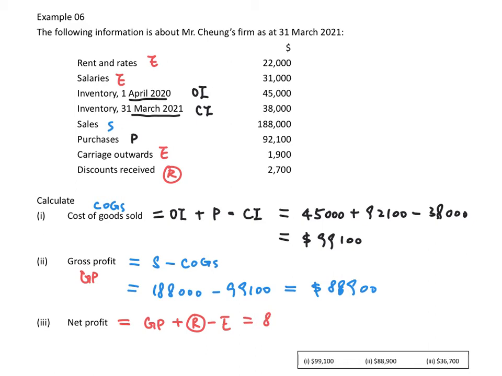GP, we got it, 88,900, and then we add the revenue and then minus the expenses. If you have the calculator, you can get the final amount. It should equal 36,700.